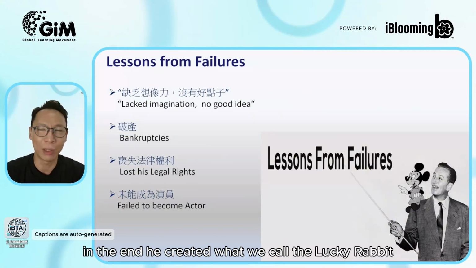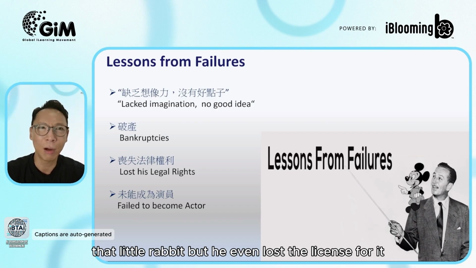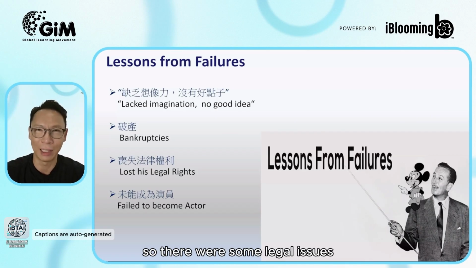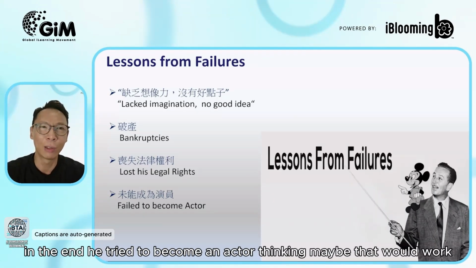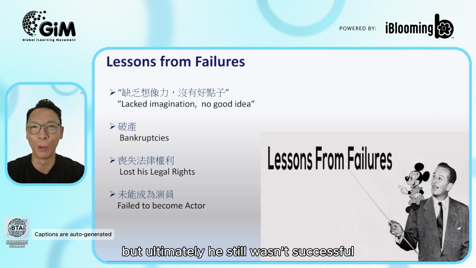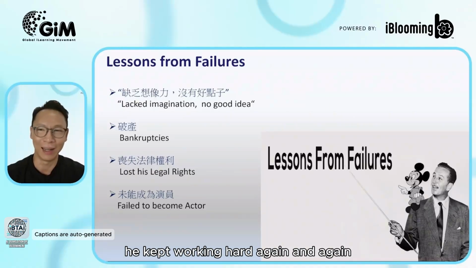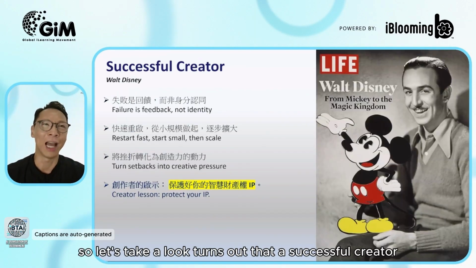In the end, he created what we call the lucky rabbit, that little rabbit, but he even lost the license for it. Basically, it was taken away by others. Warner ended up taking it, so there were some legal issues. In the end, he tried to become an actor, thinking maybe that would work, but ultimately, he still wasn't successful. Did he give up? No, he kept working hard, again and again. So let's take a look.